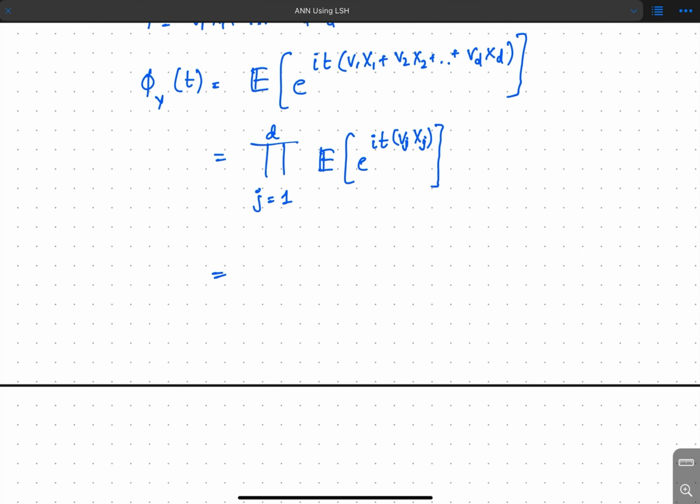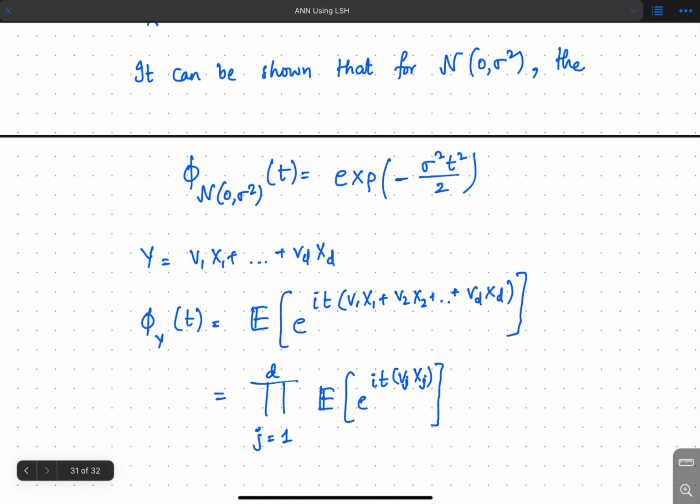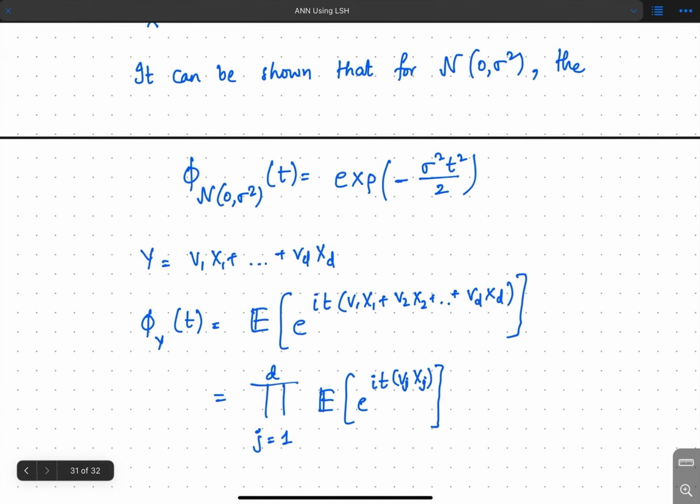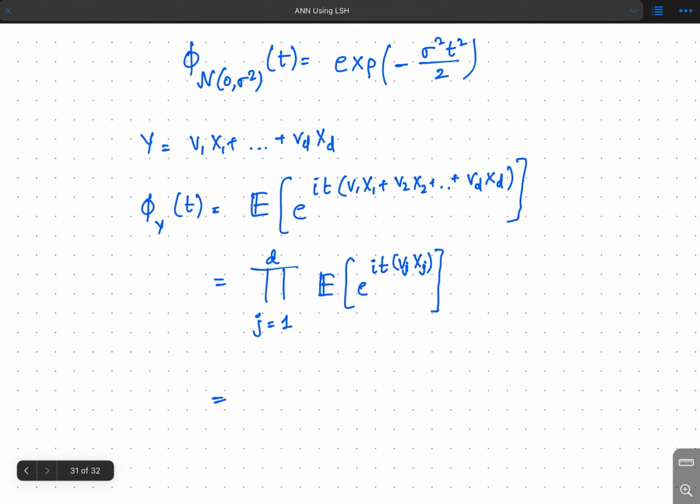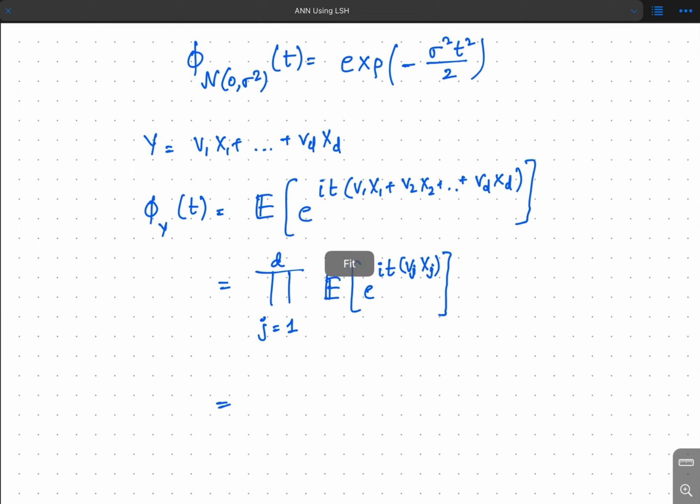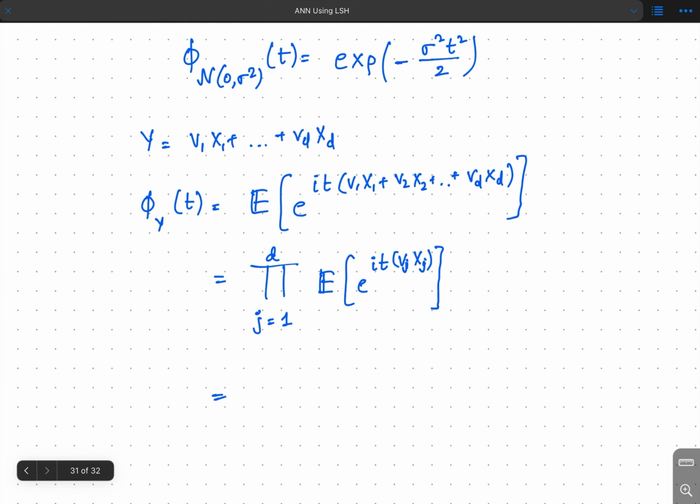We know that xj is a normal random variable, so it has mean 0 and variance 1. So vj xj will have mean 0 and variance vj square, right? So now we will use this.